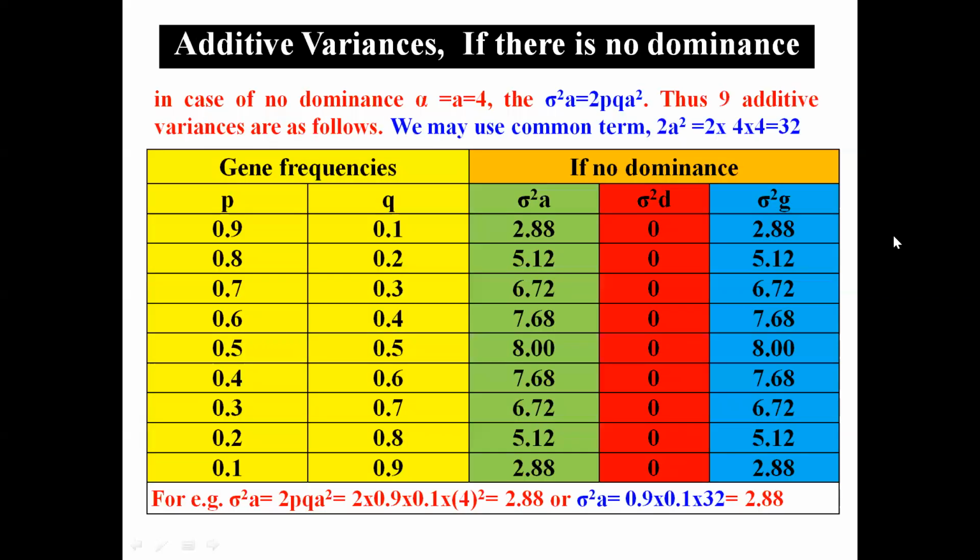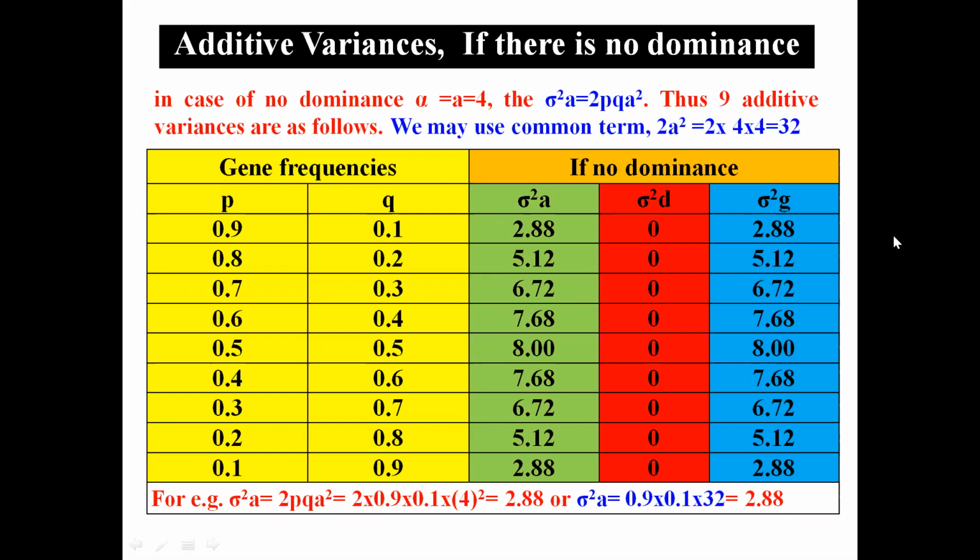Next, additive variance: if there is no dominance, what type? I have told you that there would be 9 types of additive variances. What are those 9 types? We may determine them. In case of no dominance, alpha is equal to a, which means it will be equal to 4, and this is our formula.